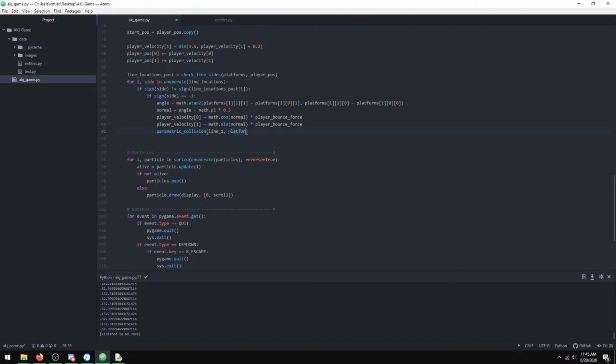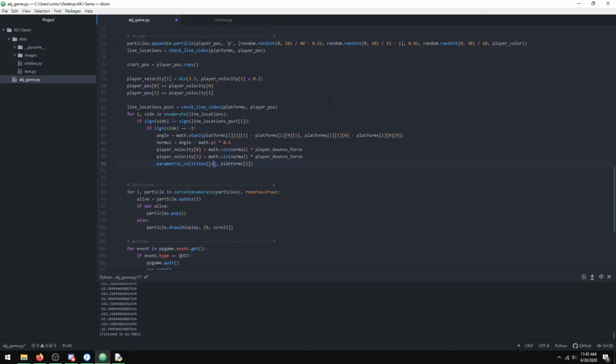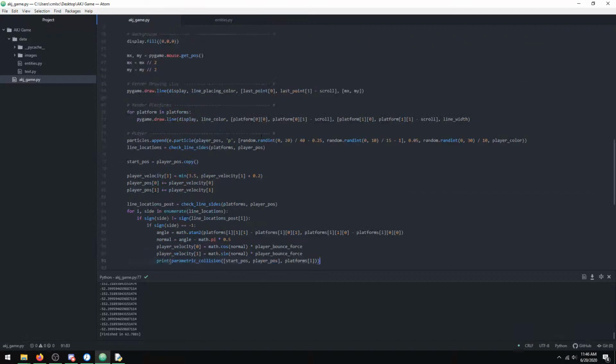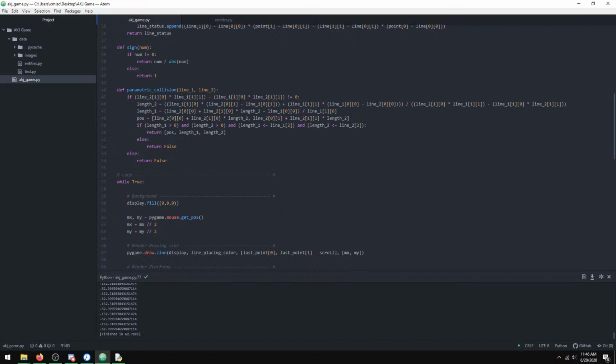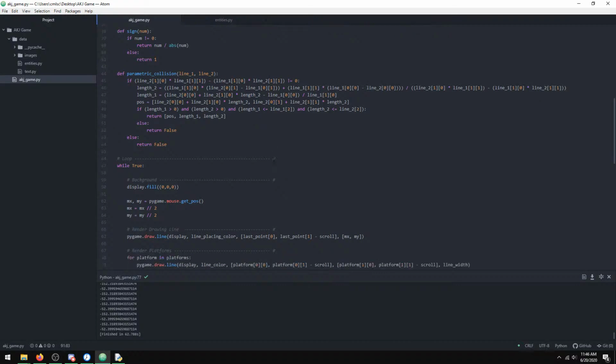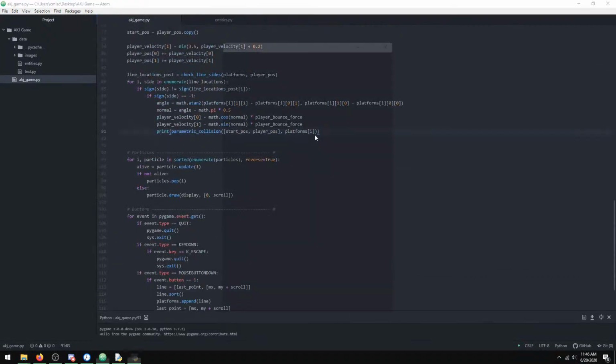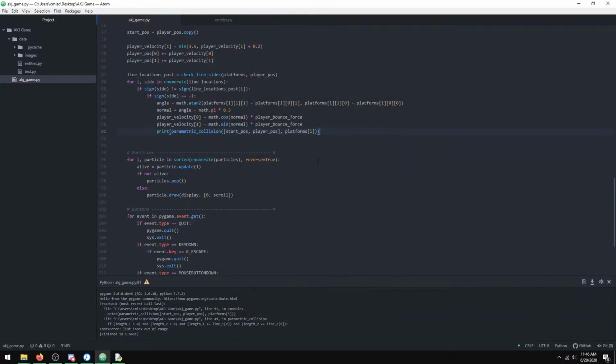So platforms I, and then it's going to be start position, player position, and just print the output. Boop.